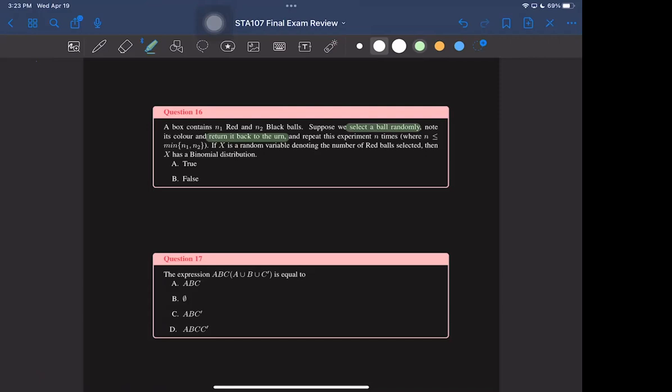Let's wait for one more on Kahoot and then I will take the solution up. If you think it is true, let's specify the parameter. If X follows a binomial distribution, then what is N and what is P?